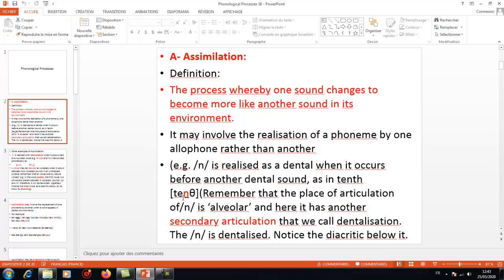This is the diacritic which shows that it is dentalized. Now, how does this happen? Normally, the n, which is a pure alveolar sound, is followed by an interdental sound, th. And this fact influences the pronunciation of the alveolar sound, which is n. It makes of it a dentalized sound.